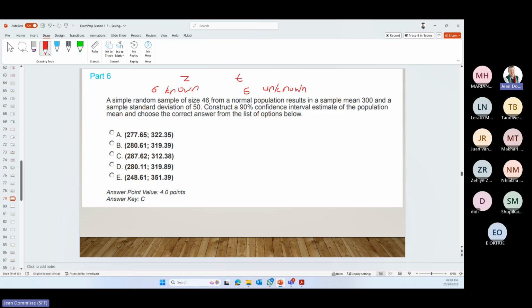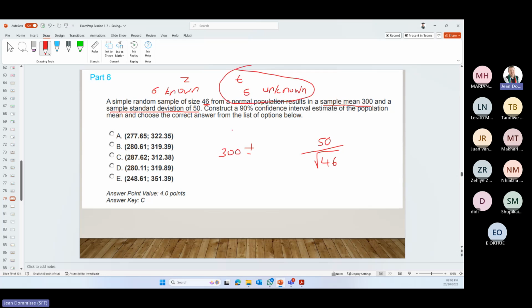Simple random sample of 46 from a normal population results in a sample mean of 300. Okay, so at least we've got that already. We're going to have a sample size of 49 and a sample standard deviation of 50. Okay, sample standard deviation basically means that we're working with a T. So unfortunately, with T, you need to go to the table.